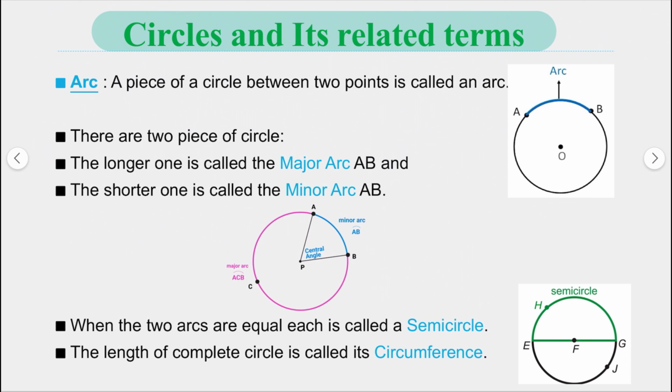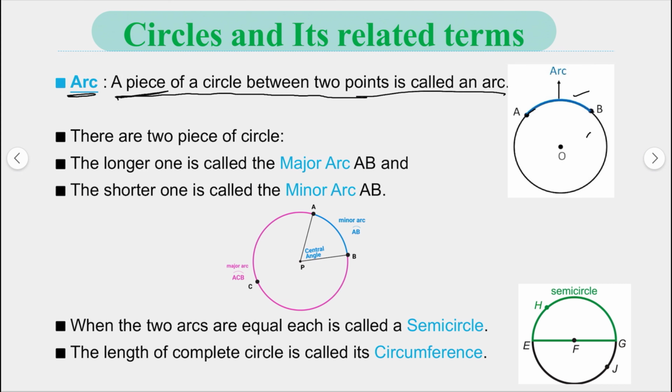Next very important term is the arc. An arc is a piece of a circle between 2 points. So an arc is simply a part of a circle, or you can say a piece of a circle. Suppose we have this circle and we have marked 2 points, A and B here, and the part of the circle marked with this blue line, this blue curved line, is called the arc.